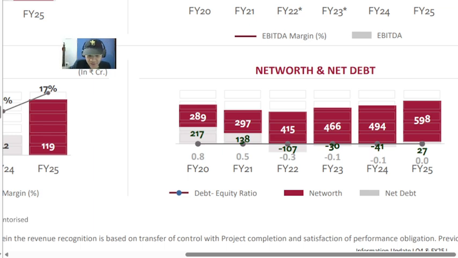It went negative, which means cash and cash equivalents actually exceeded all of their debts. And 2025 was 27, I believe, crores. So long-term liabilities are just 27 crores more than their cash and cash equivalents. Very nice. We can see debt to equity. It says zero.